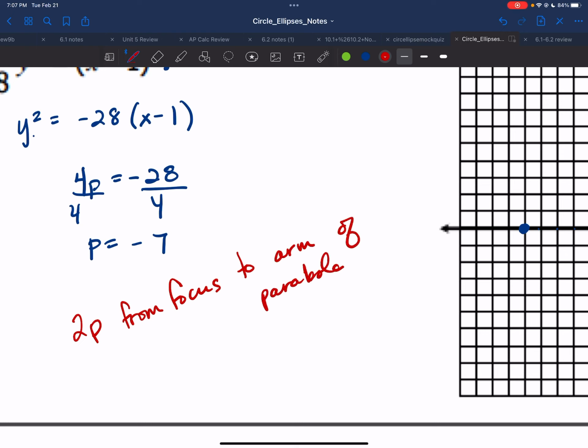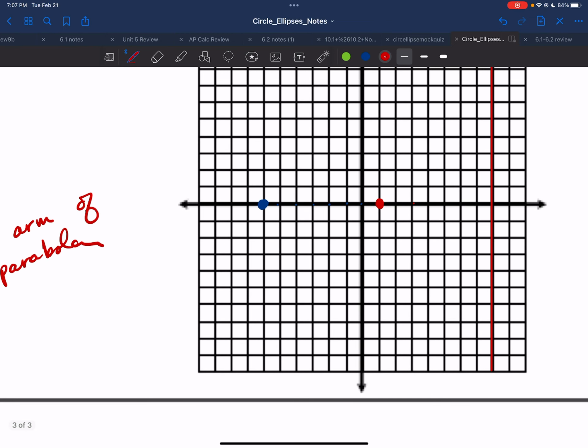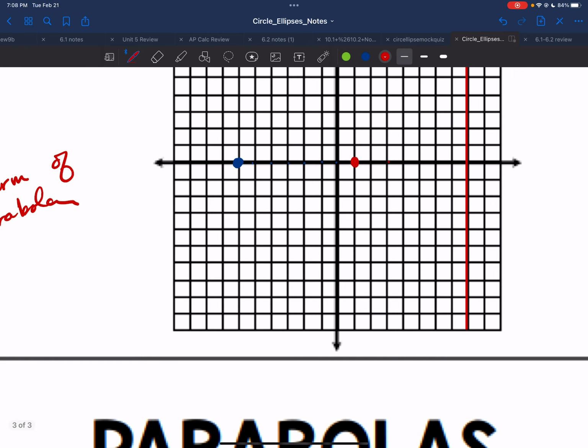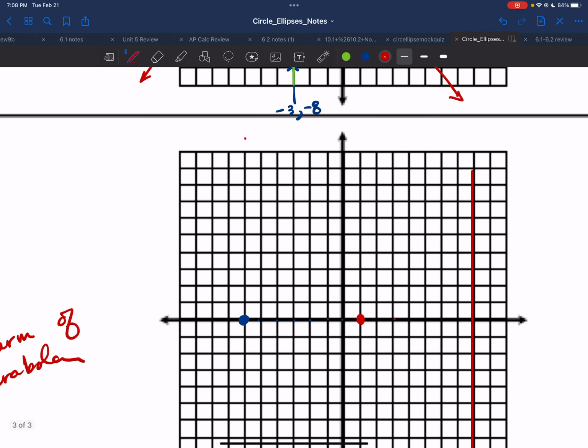All right, so I'm going to go 1, 2, 3, 4, 5, 6, 7, 8, 9, 10, 11, 12, 13, 14. I'm going to call it right there. And upwards, we're going to have that same problem. 11, 12, 13, 14. Okay, so this is a little bit awkward, but we'll do what we can.